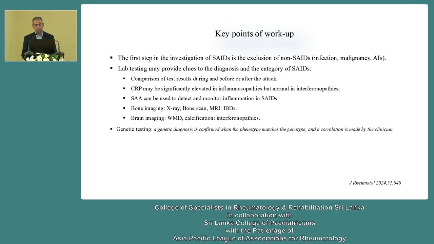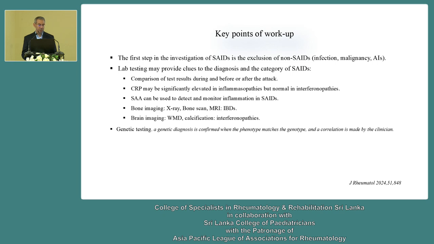And for interferonopathies, all the time you need to consider brain imaging, especially in the presence of neurological manifestation, even if it's mild, because there may be a lack of association between the imaging findings and the clinical manifestation.